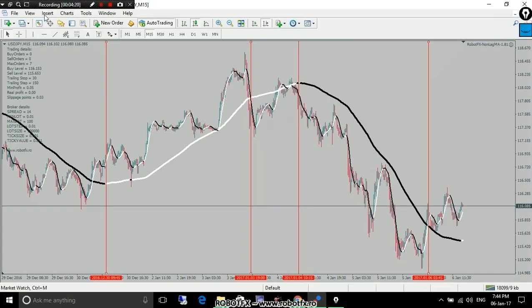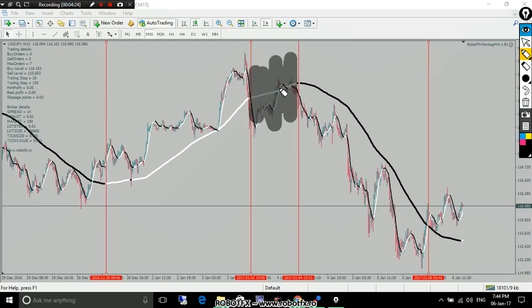So we will have a no man's land somewhere in this area, right? Nothing will happen here, nothing will happen here, and nothing will happen in this side of the chart until the trend moving average changes the color to white, which happens here apparently. And this is how it detects the trend.